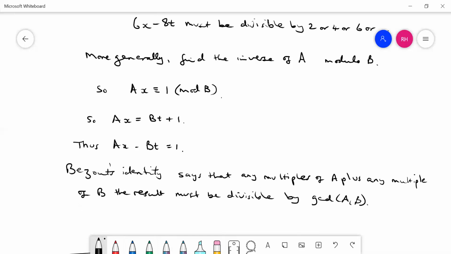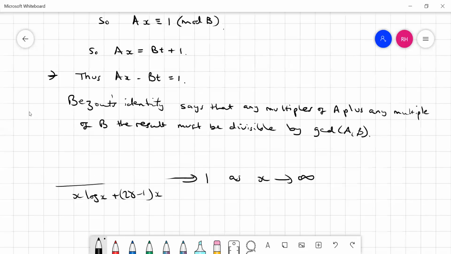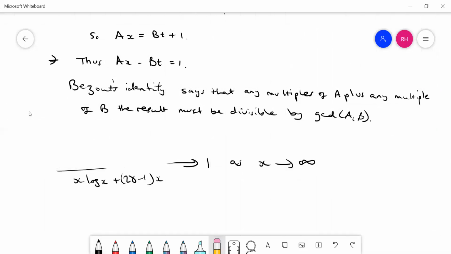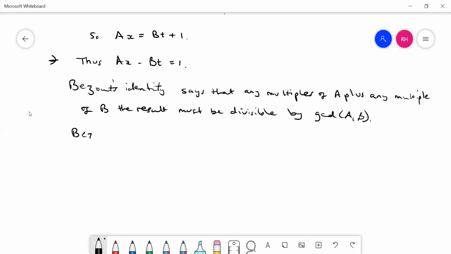And this is exactly what we see here. We've got a multiple of A plus a multiple of B, and we get 1. So Bezout says that AX minus BT must equal the GCD of A and B times some constant.